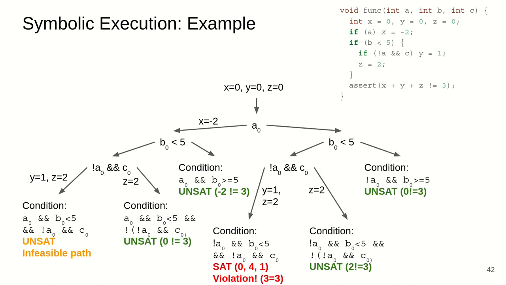We'll continue for the other paths until we've exhausted all the possible paths. So we found one bug in one path, 4 paths that are not buggy or correct, and 1 infeasible path out of the 6 paths that we have evaluated.